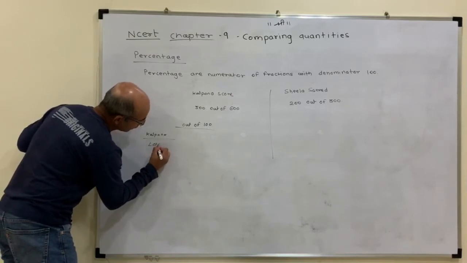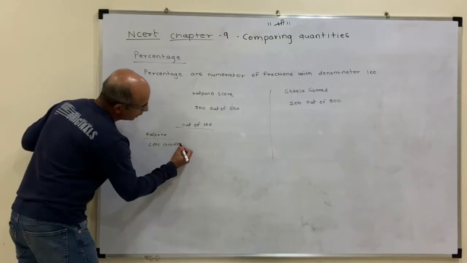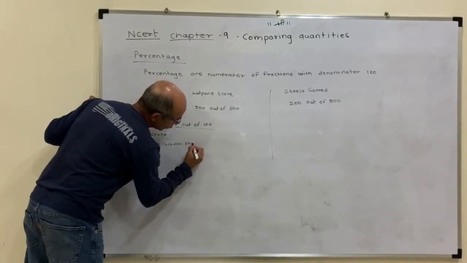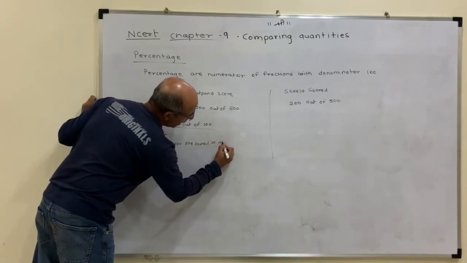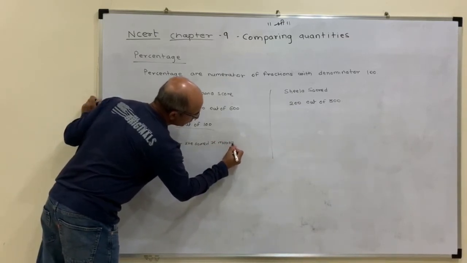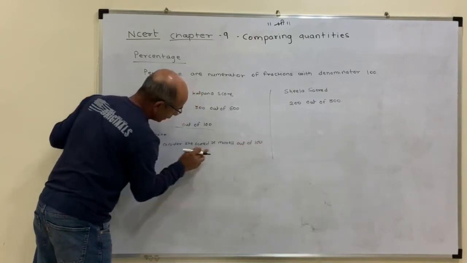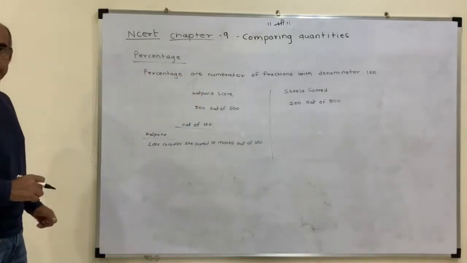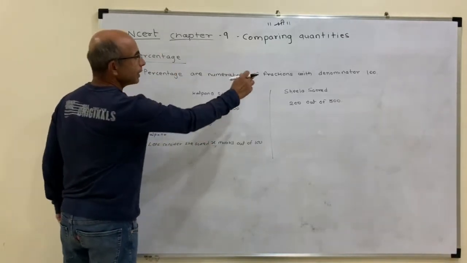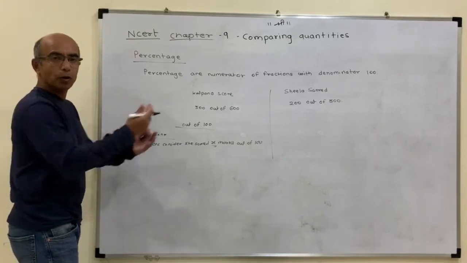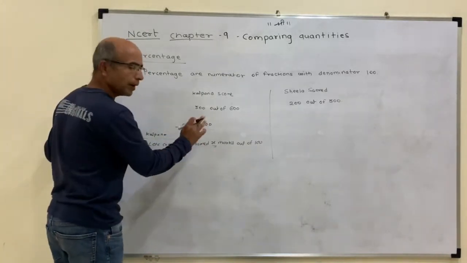Let's consider she scored X marks out of 100. We need to find this X value, which is nothing but a percentage, or the numerator of fractions. So we always try to find how much out of 100. That is a percent. So we consider X.